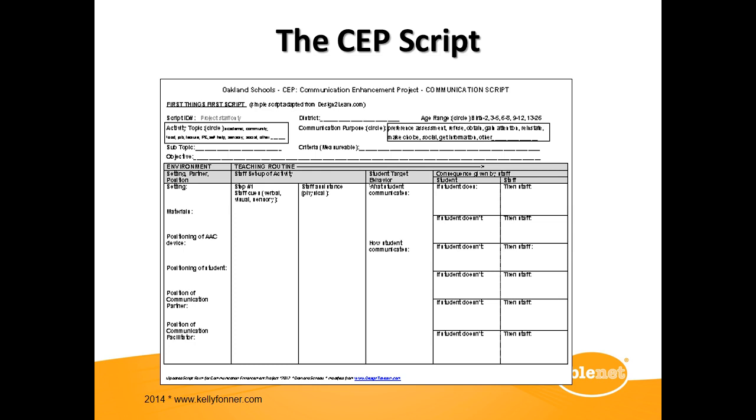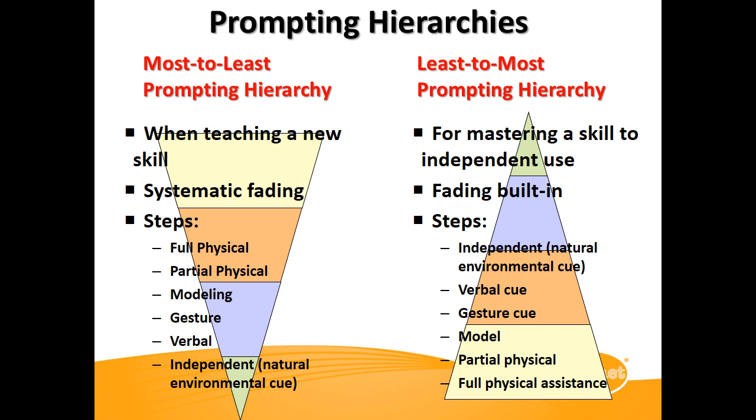This becomes your teaching. If you immediately grab the kid's hand and slam it onto the switch, that's all they're ever going to learn, is that they're going to wait for you to grab their hand and slam it onto the switch. So if that's what you're immediately doing, that's what they wait for. And so what we look for in these kinds of prompting hierarchies is that if a child has never, ever had access to any of the other kinds of tools of augmentative communication, we use a most to least prompting hierarchy that we plan to fade.